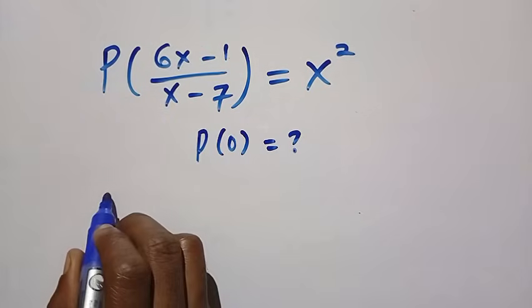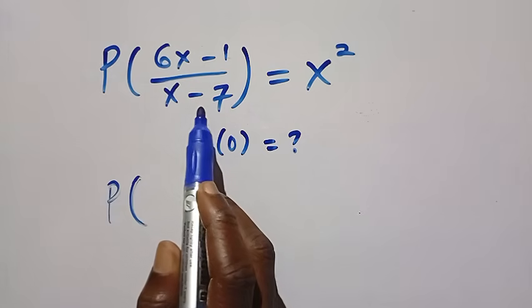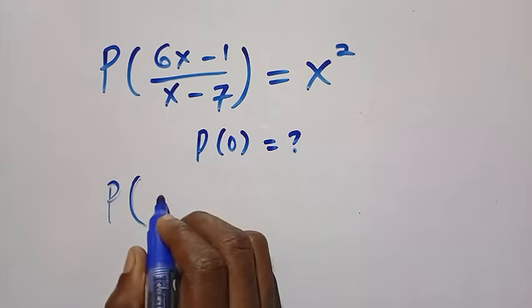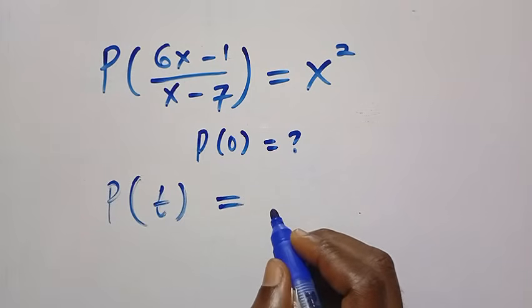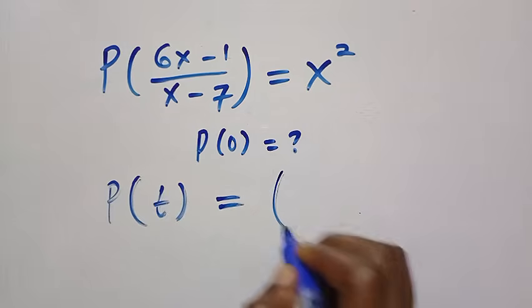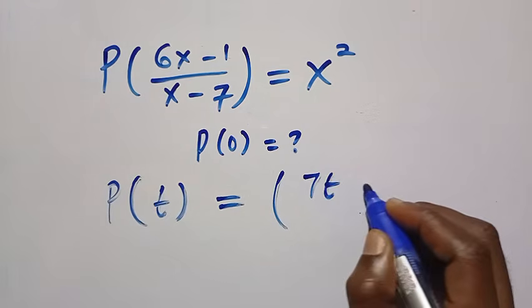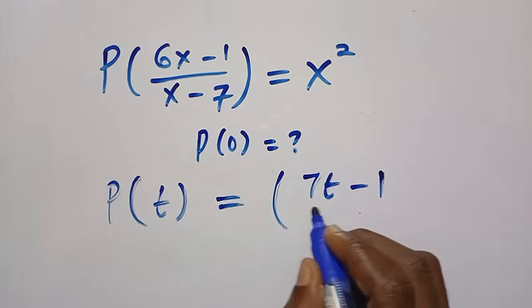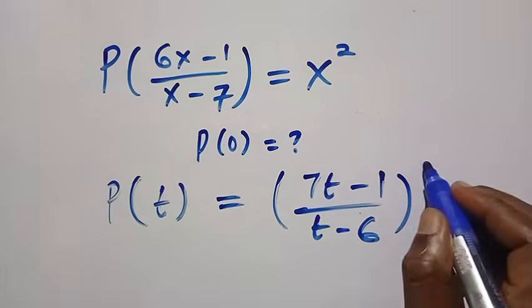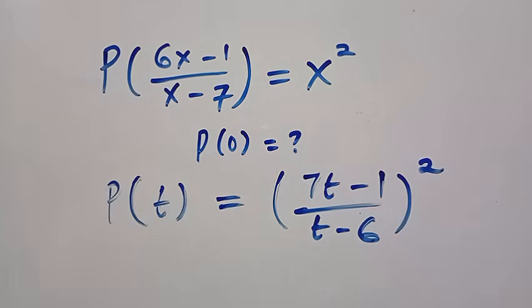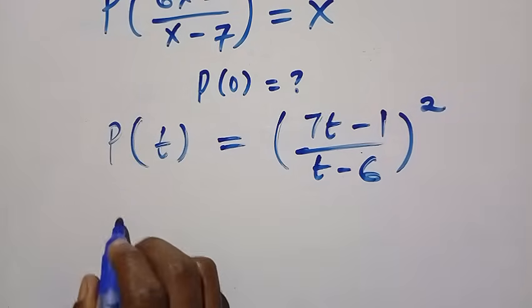So then we have P of, instead of (6x minus 1) over (x minus 7), we change everything here to t. Then equals, also x, we have made x the subject of the formula, and everything gives us (7t minus 1) divided by (t minus 6), all raised to the power of 2. So this is P of t, and let's change t to x.